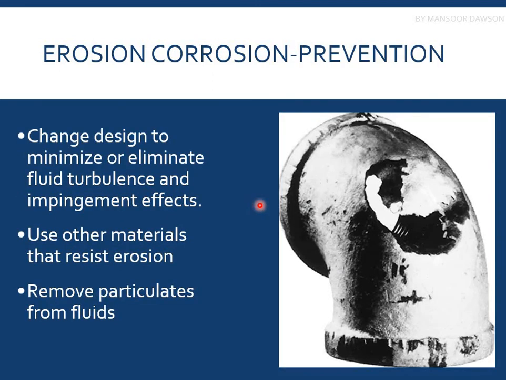So how can you prevent erosion corrosion? You should change the design to minimize or eliminate fluid turbulence and impingement effects. So what is basically the turbulent effect? Let me draw it for you. If the direction of flow of your fluid is like this, an irregular form, this is basically turbulent flow.